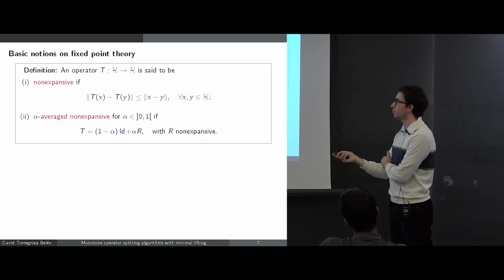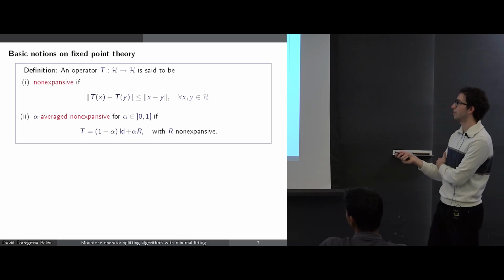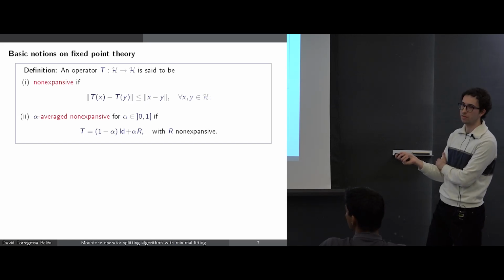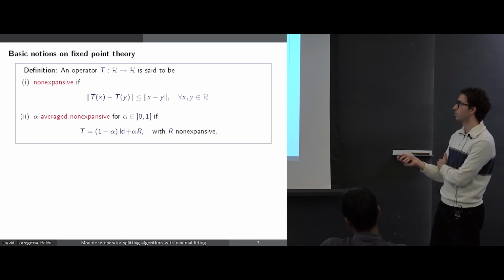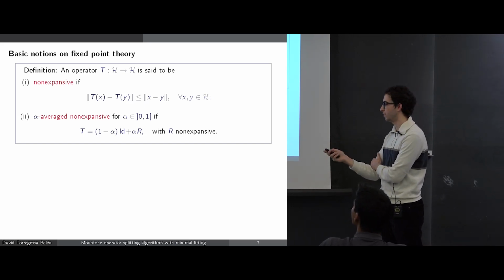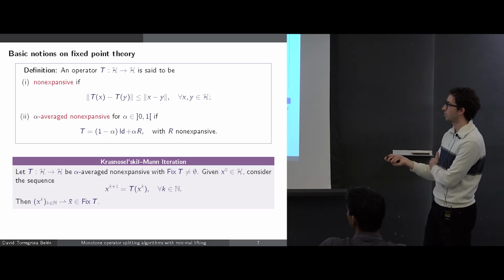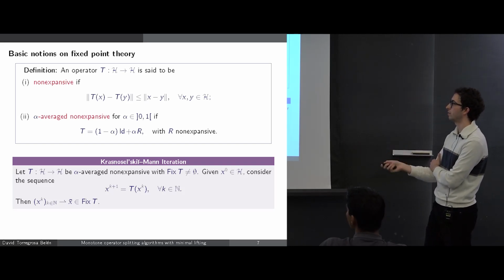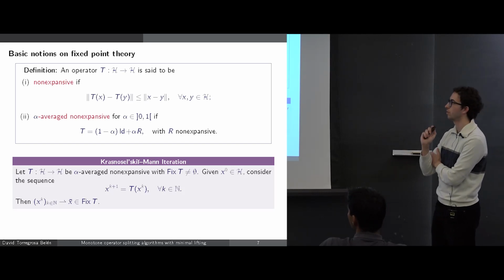And you can do one trick. Let's consider the convex combination of a non-expansive operator and the identity. Then this kind of operator is called alpha-averaged non-expansive, where alpha is a parameter between 0 and 1. It turns out that for this class of operators you have a fixed point result, called the Krasnoselskii-Mann iteration, that guarantees weak convergence to some fixed point of non-expansive operators whenever the set of fixed points is non-empty. Okay?